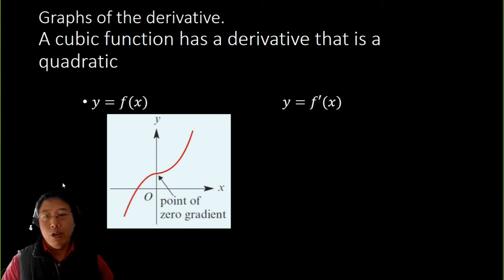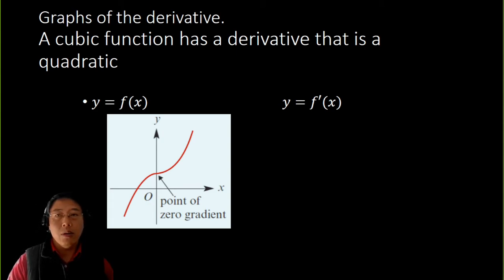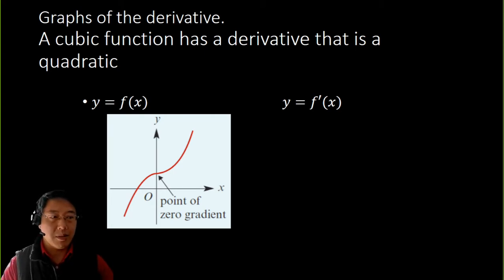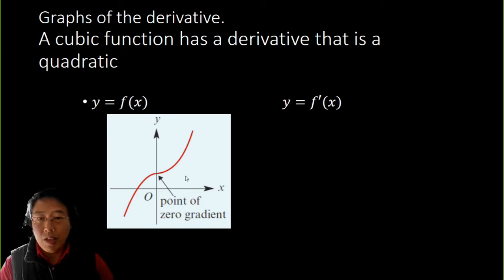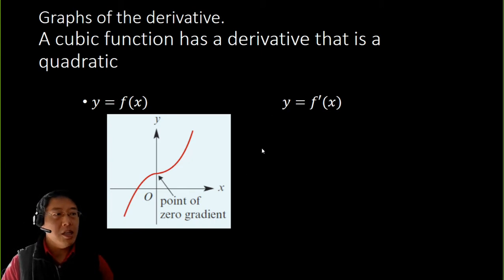Alright, so if we look at a different cubic function, it can have 1, 2, or 3 x-intercepts. So in a situation where it's only one intercept, if you imagine your derivative and the function is always increasing, what it means is the derivative is always positive. So again, a cubic will have a derivative that is a quadratic.